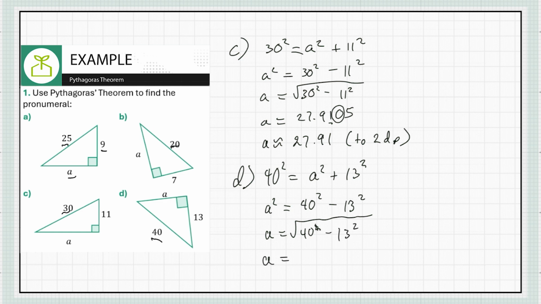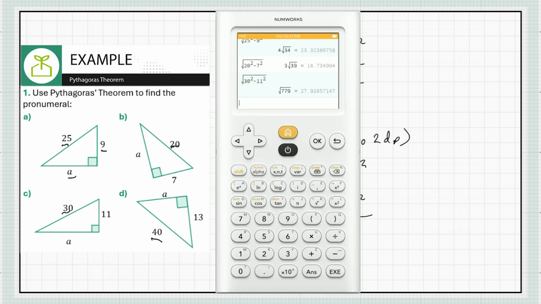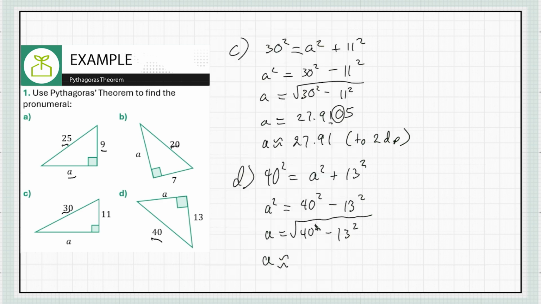So a is approximately equal to, and let's solve, the square root of 40 squared minus 13 squared. Hit execute, and we get 37.8285.